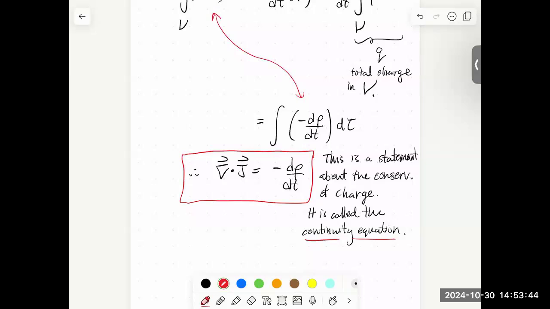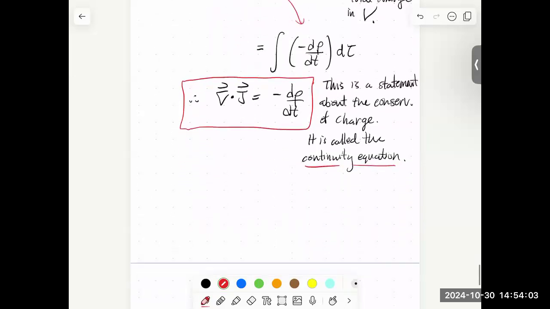But by steady current, what we mean is that if I have a certain amount of charge exiting at one position in my wire, there's going to be an equivalent amount of charge coming in at a different position, and that will maintain a constant charge density. And so in that case, the divergence of J would have to be equal to 0.